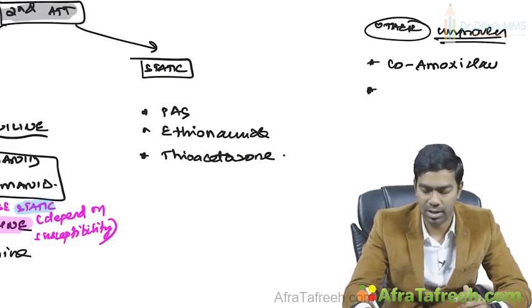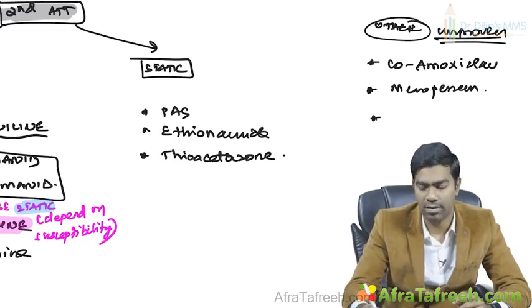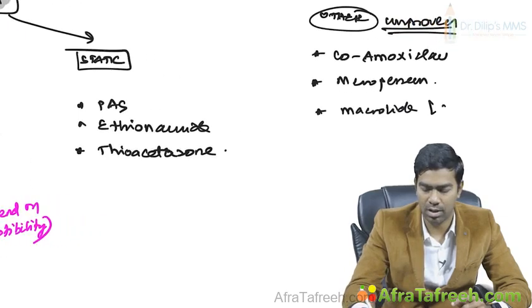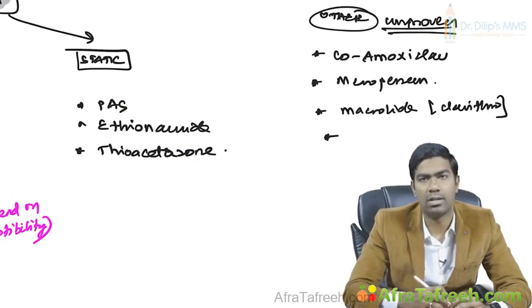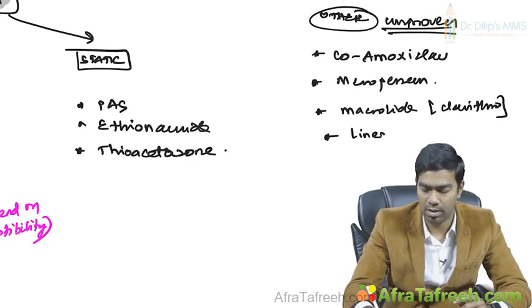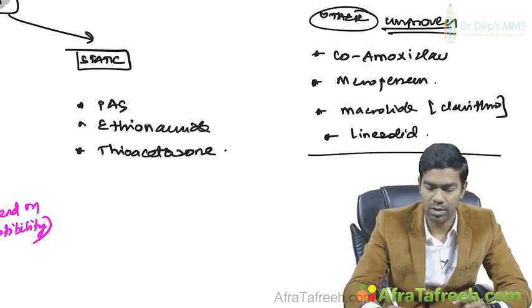Other beta lactams like meropenem have shown some activity in vitro, and we have certain macrolide drugs, especially clarithromycin and azithromycin, and other drugs like linezolid. Clear? So these are some of the drugs that have shown reasonable efficacy against Mycobacterium tuberculosis in vitro, but in vivo efficacy has not been clearly proven. Understood? So these are the important second line drugs that you have to know.